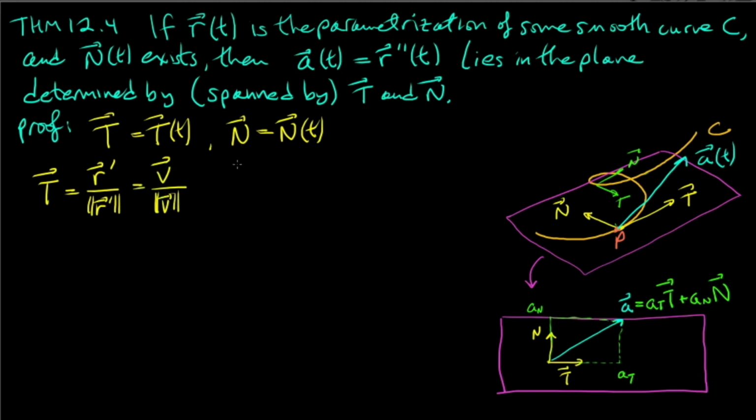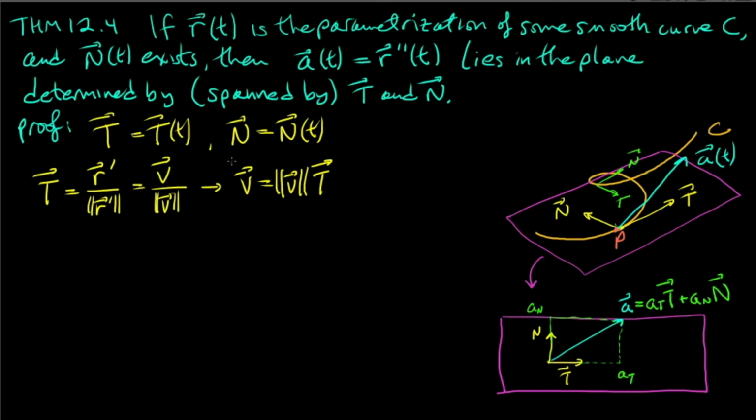And so we could solve for the velocity vector. The velocity vector is just the speed, the magnitude of v, times the tangent vector. So that's in the direction of the tangent of the curve.